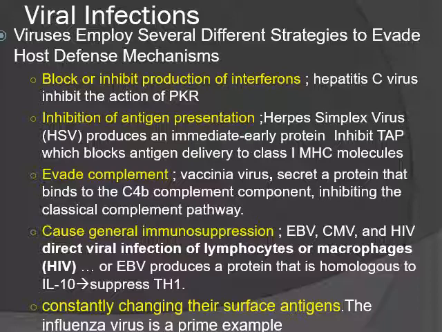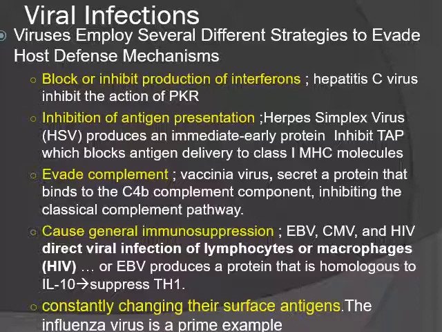Another mechanism for evading host responses is inhibition of antigen presentation by infected host cells. An example is herpes simplex virus. What does it do? It produces a protein that very effectively inhibits the human transporter molecules needed for antigen processing, TAP, which we also took before.